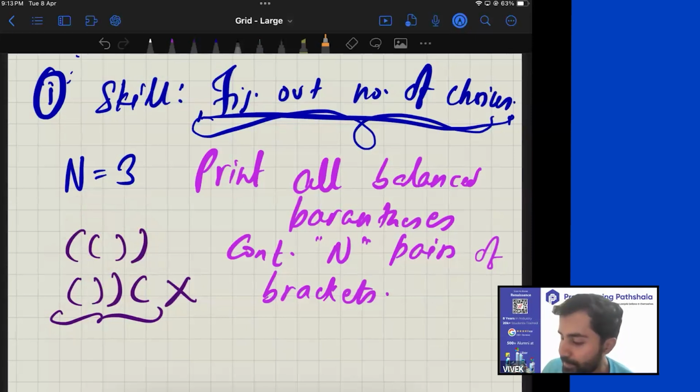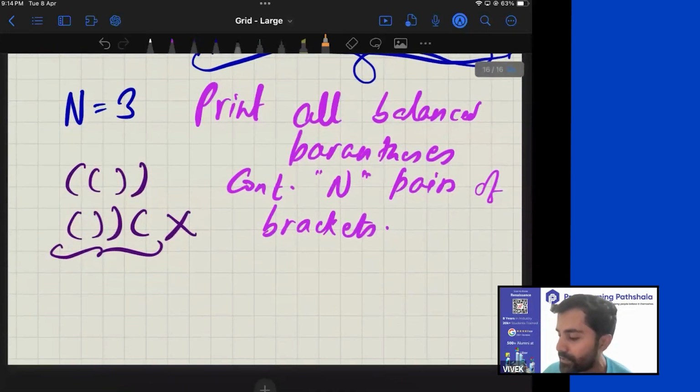So just use your pen and paper if you want to, and in fact, you should. If I ask you to list down all the balanced parentheses for 3 braces, here there were only 2 braces, but if I want for 3, can you print and can you also tell me how many such varieties of braces you are able to come up with?